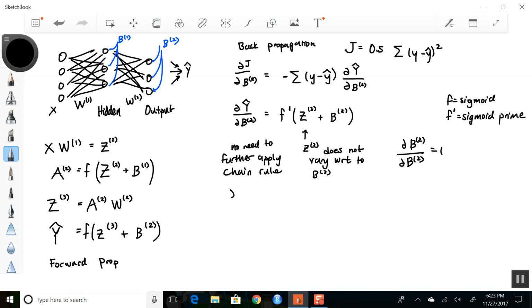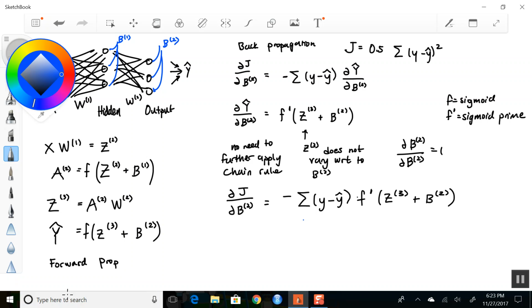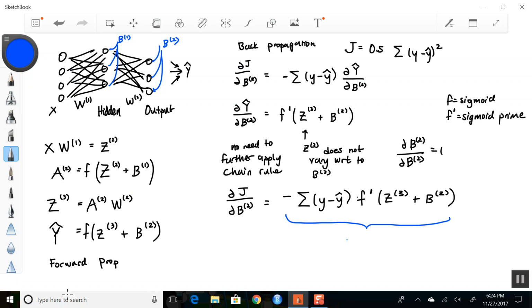So basically, this part just becomes times f prime of Z3 plus the second bias matrix, like so. Does that fit on the screen? Okay, and I think in our computer code, I have called this delta 3.